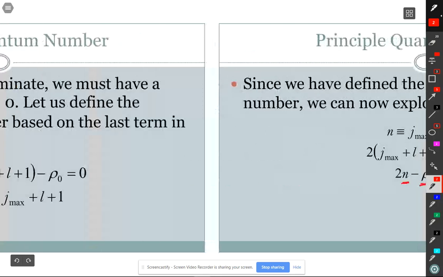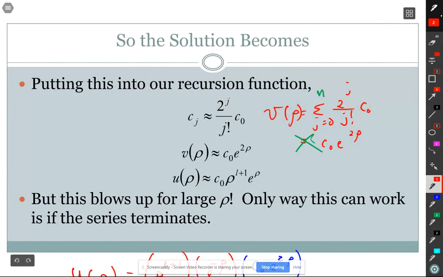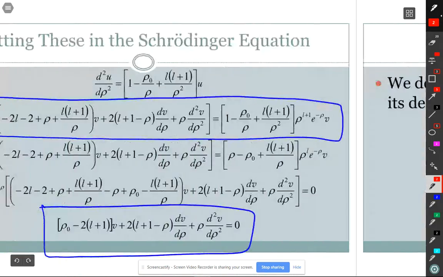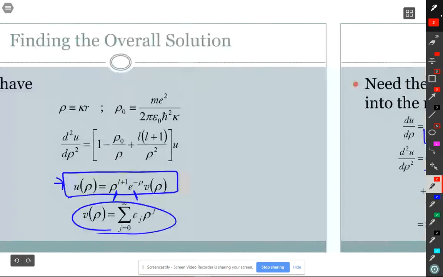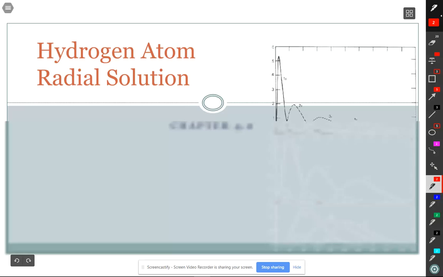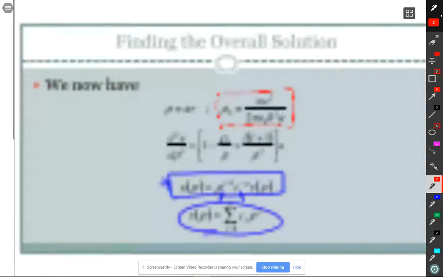And then we have to go all the way back to the Schrodinger equation to where we had defined rho 0, based on all these pages. And that goes back another lecture, and I don't have that one loaded up.